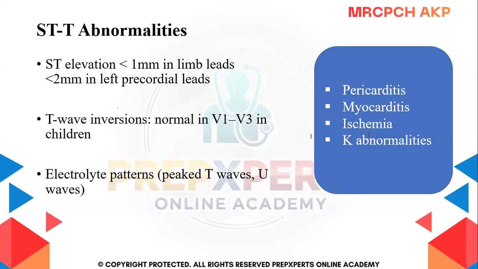Precordial leads are basically 6 leads that are attached on your chest, starting from the right to the left. V1, V2 are mostly on the right and the anterior chest, and V3, V4, V5, V6 are more towards the left side, covering mostly the left part of the heart. So it should be less than 2 millimeter in the left precordial leads. If it is greater than 2 millimeter, then you are going to call it ST elevation.